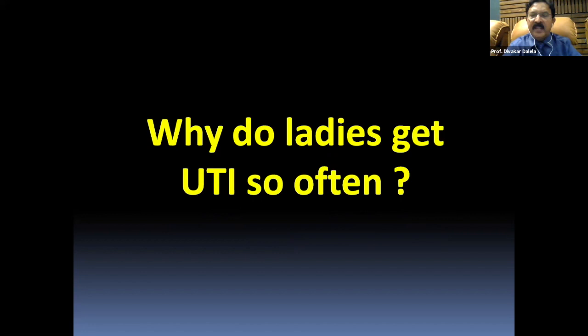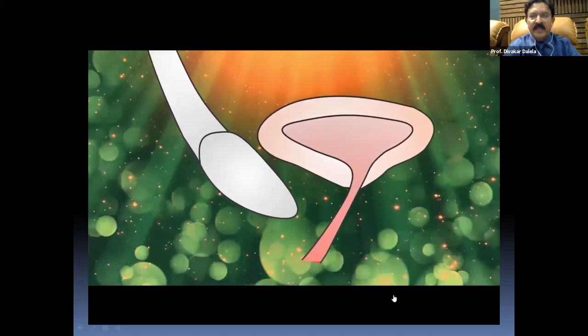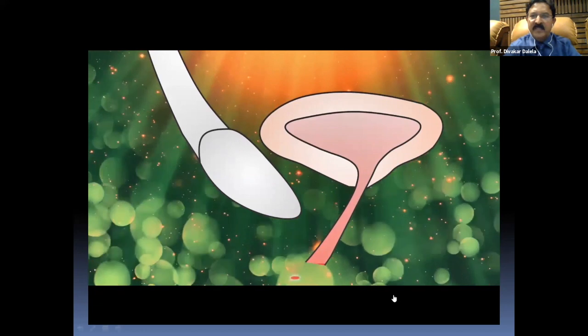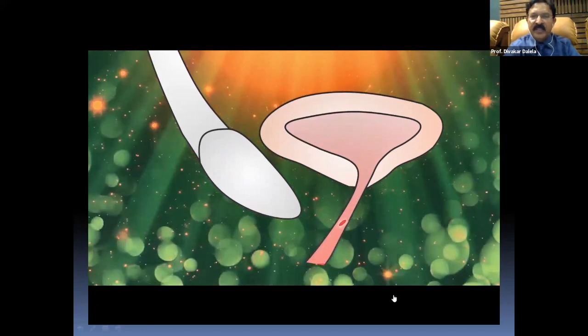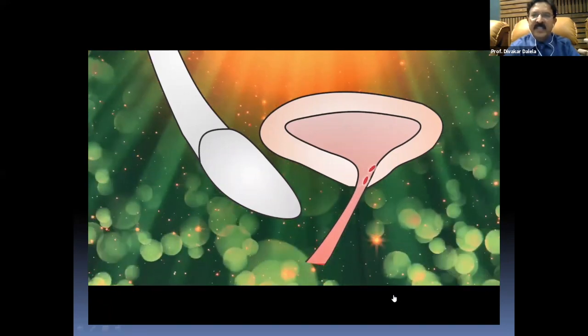Now, let me address this question: why do ladies get UTI so often? Dr. Shivam also made this small point that females have a urethral passage which is very short compared to males. And when a bacteria, shown here as a red thing moving in, it can travel this passage very easily.